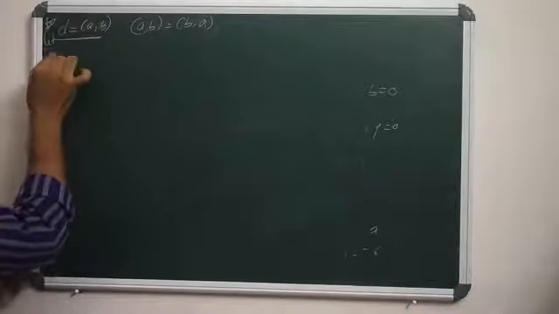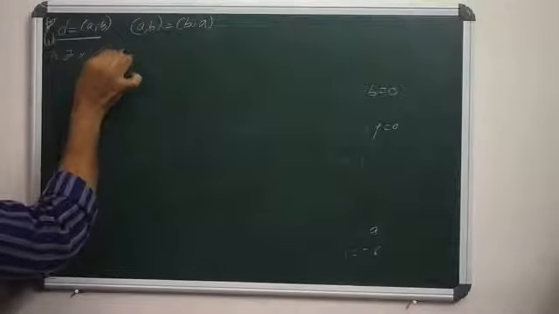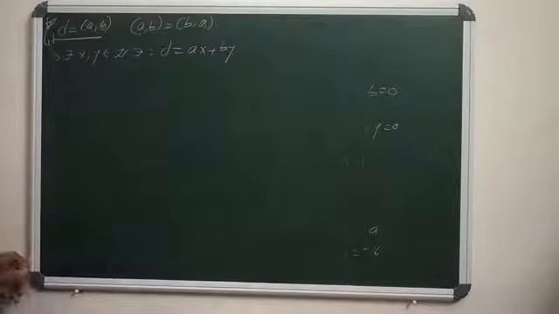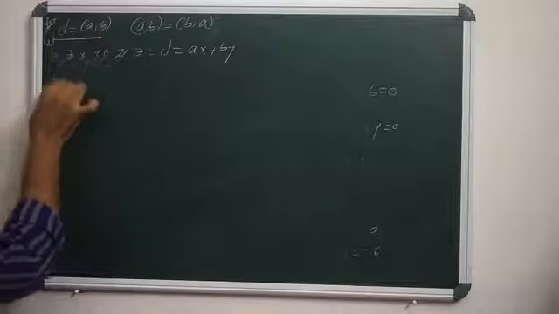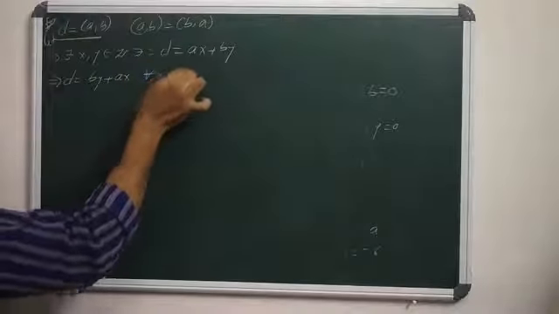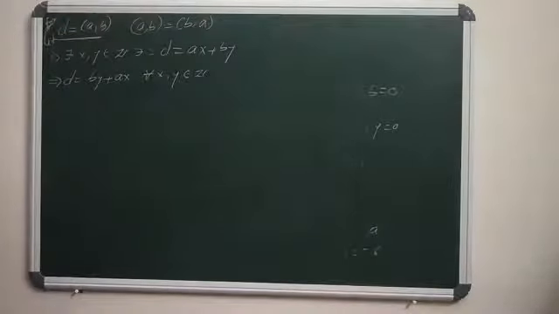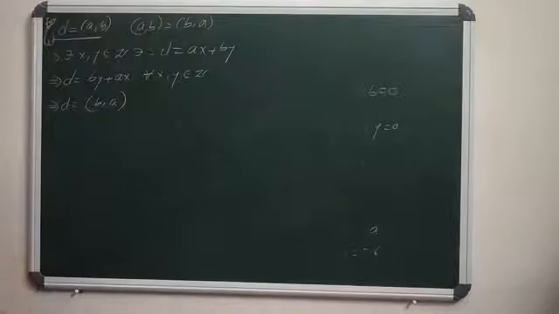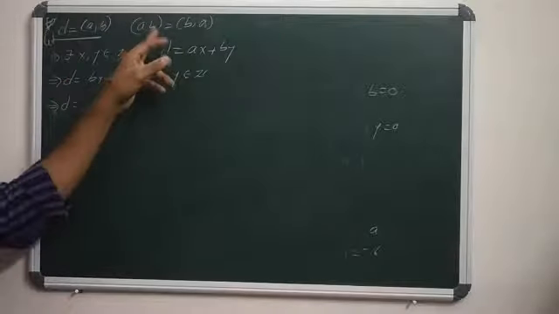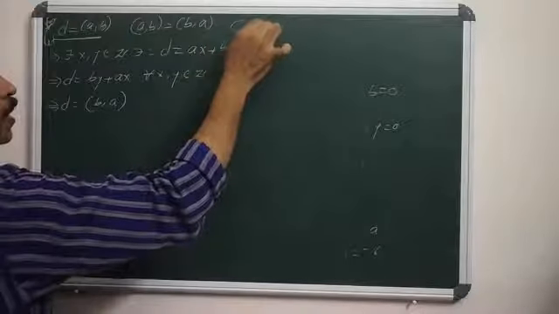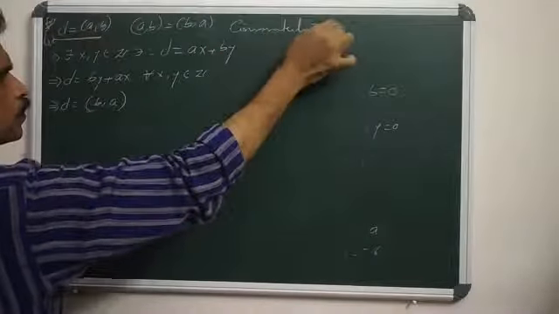D being the GCD of A and B means there exist two integers x and y such that D can be expressed as a linear combination of A and B: D equals Ax plus By, which is By plus Ax, for integers x and y. So D equals the GCD of B and A. Clearly, the GCD of A and B is the same as the GCD of B and A. So this is the first property, which is the commutative property.